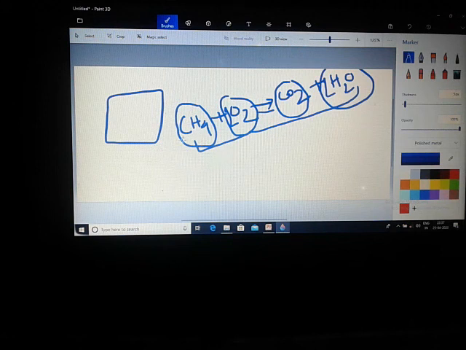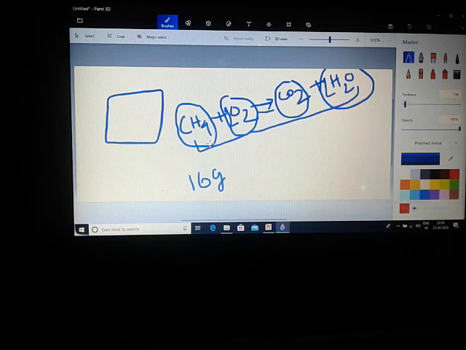Suppose the total mass of methane present here is 16 gram. How is it formed? See, one carbon atom has atomic weight 12, and how many hydrogen atoms are present here? 4. One hydrogen atom weighs 1 AMU.